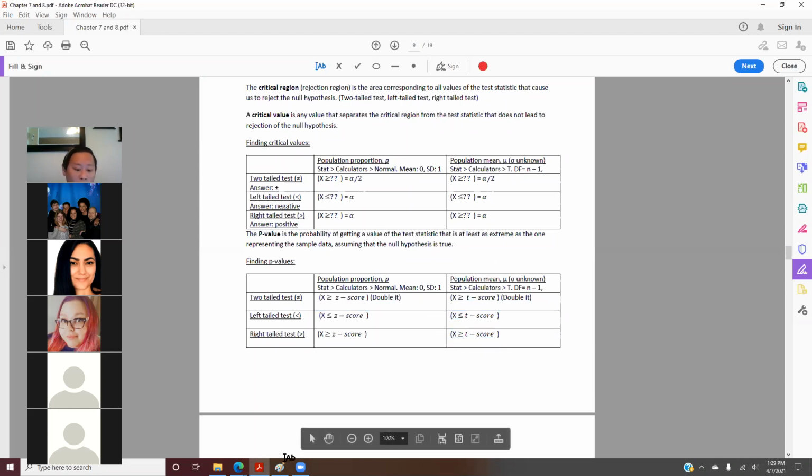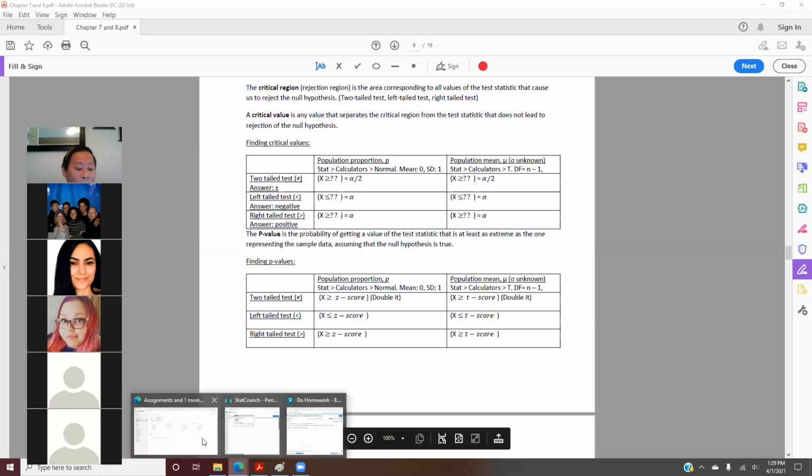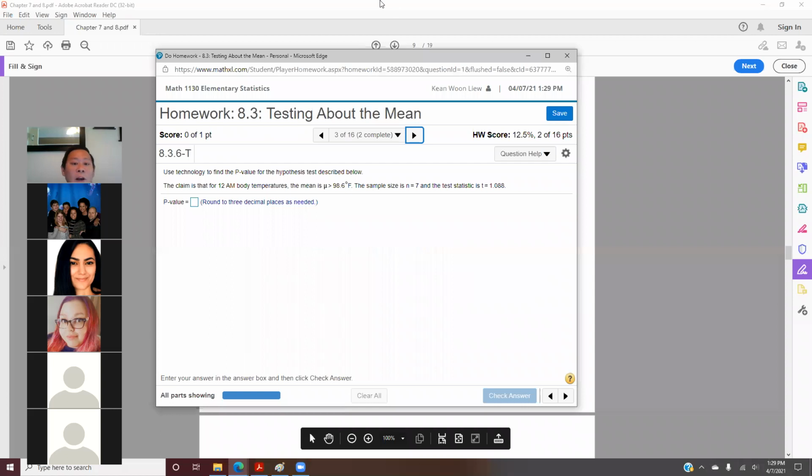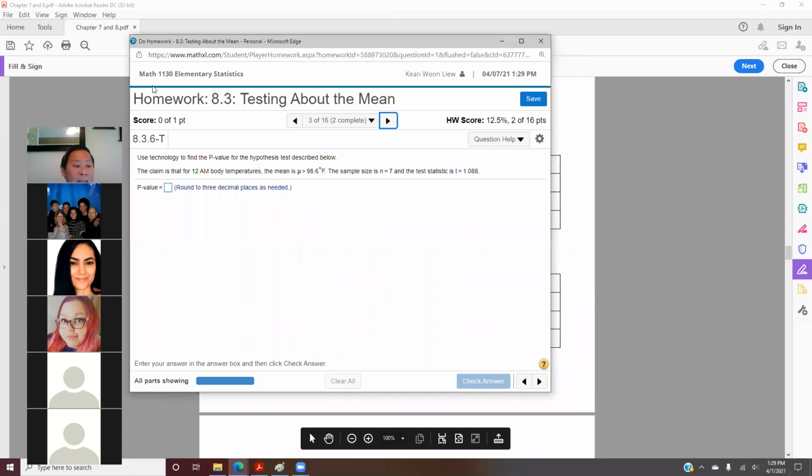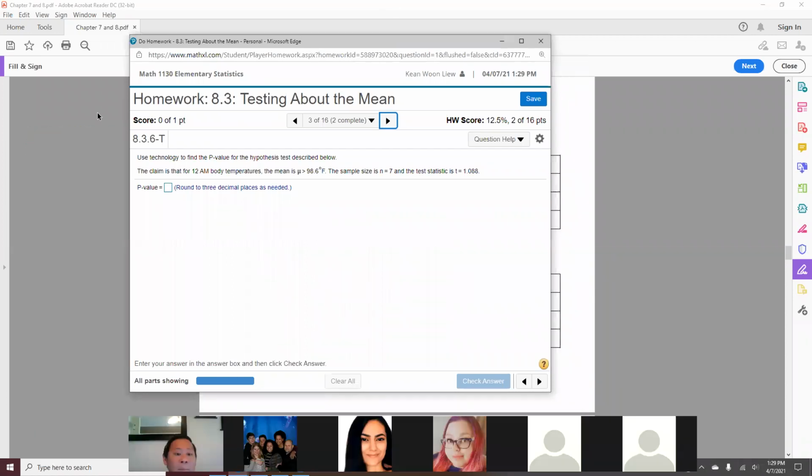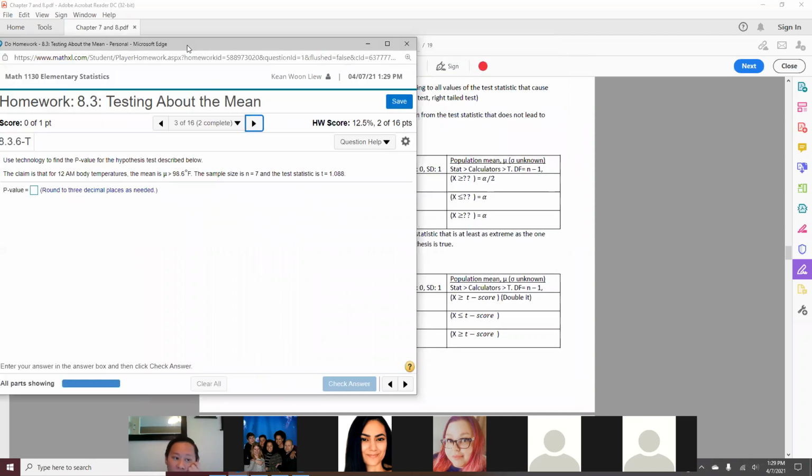So let's take a look at your question here. This question gives us a claim statement for 12 a.m. body temperature. Can someone point out whether this is a two-tailed test, a left-tailed test, or a right-tailed test?